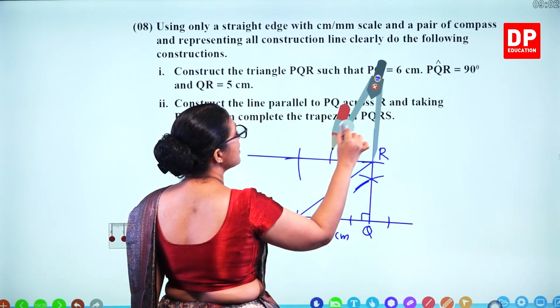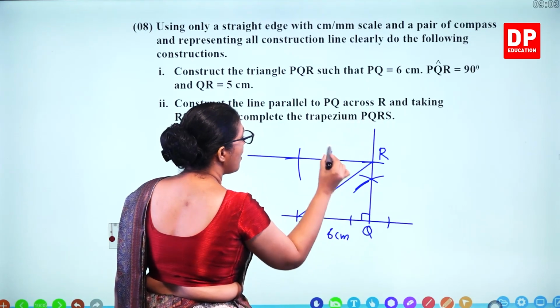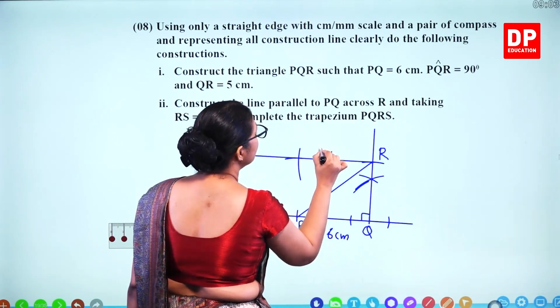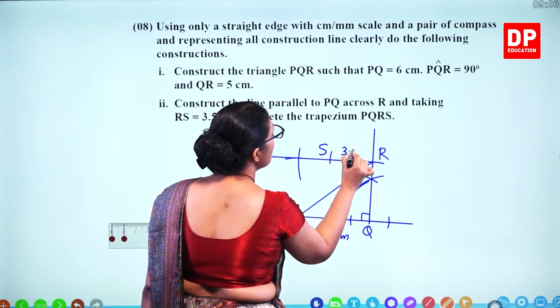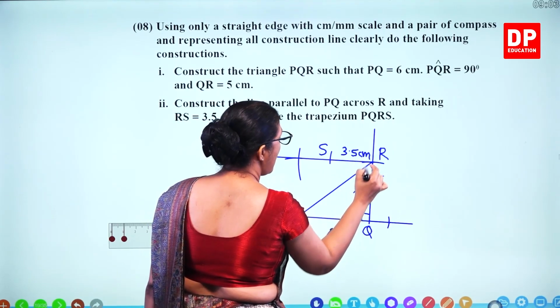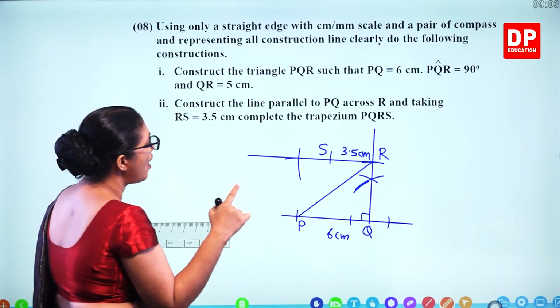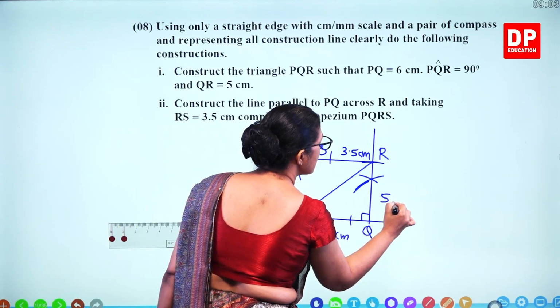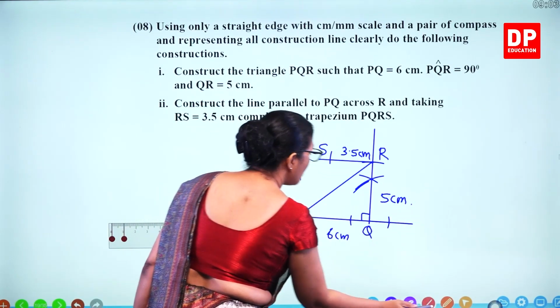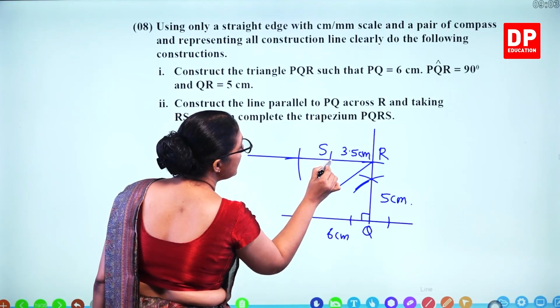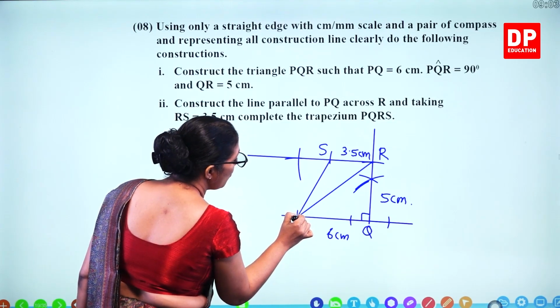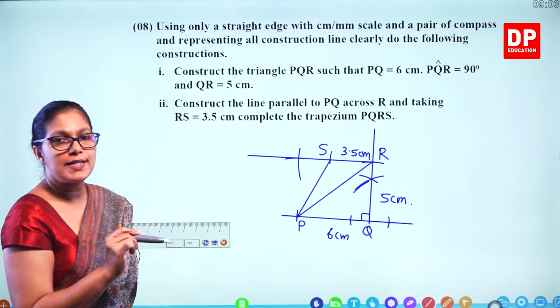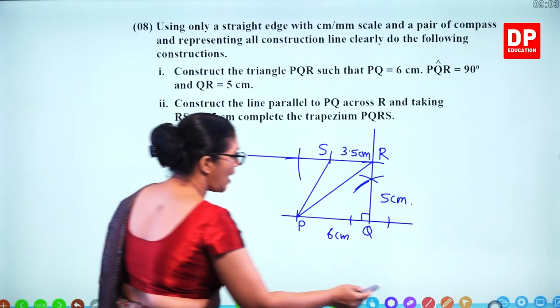So this point is the S point. So this is 3.5 centimeters, and we took QR 5 centimeters. Now we can complete the PQRS trapezium. So that's the diagram.